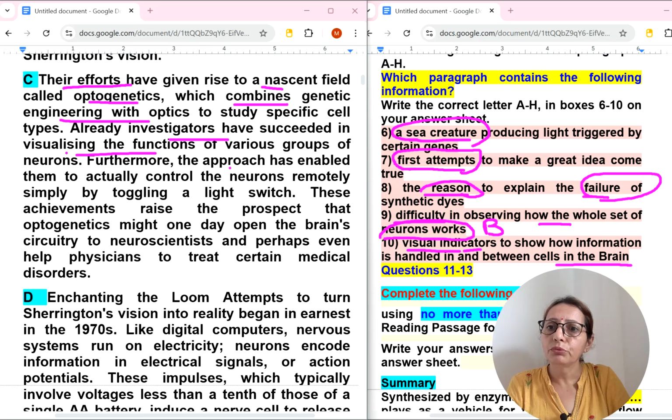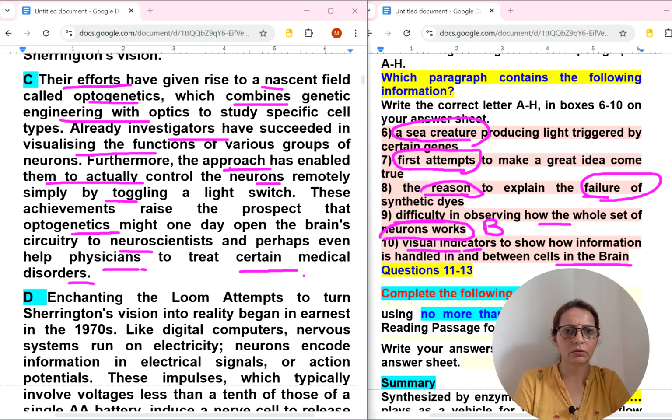Okay, visualizing the functions of various groups of neurons. Here they are talking about the brain. Furthermore, the approach has enabled them to actually control neurons remotely simply by toggling. These achievements raise the prospect that optogenetics might one day open the brain's circuit and perhaps even help physicians to treat medical disorders.